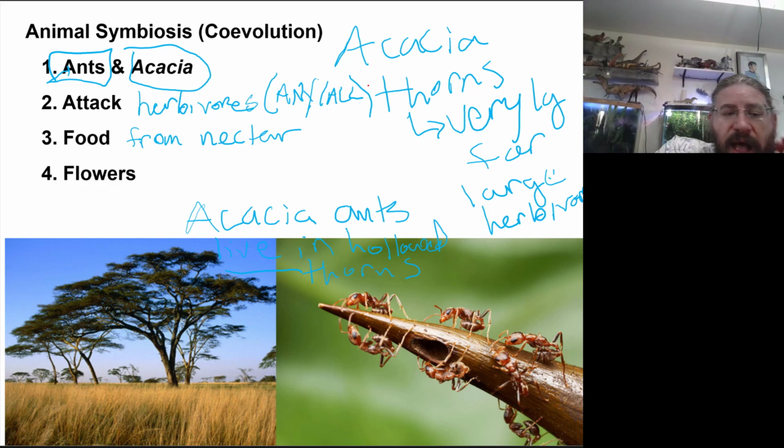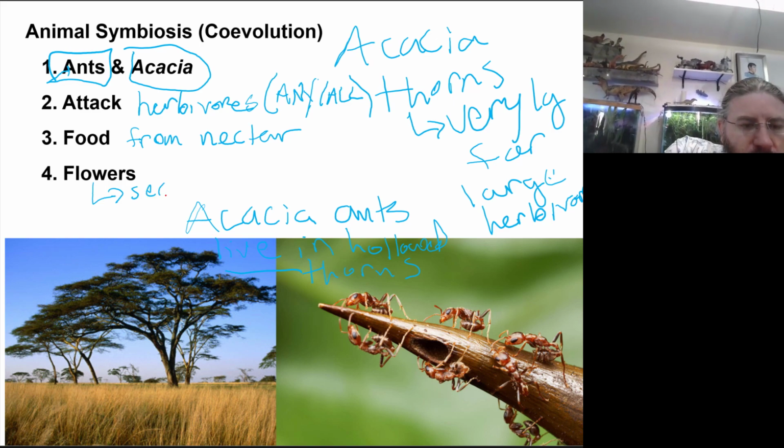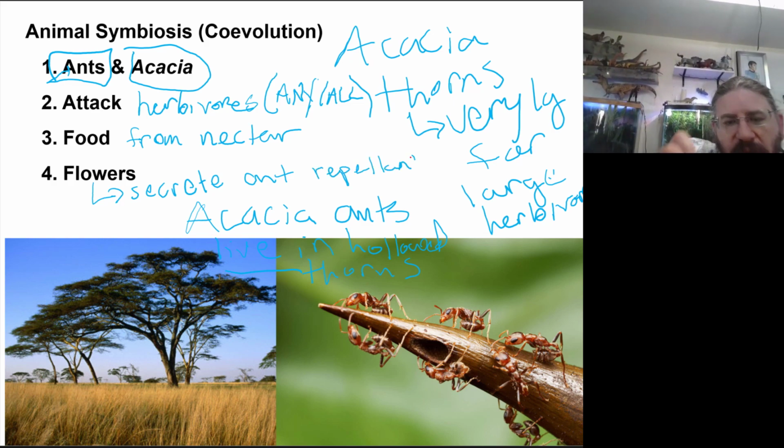Fun fact, the flowers secrete an ant repellent. And why do they do that? Because though the ants co-evolved this really beneficial relationship with the acacia, the ants live on the branches of one acacia tree, right?